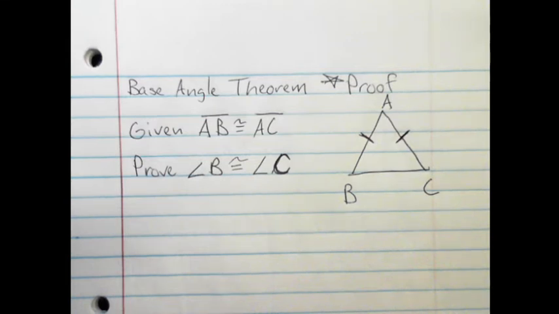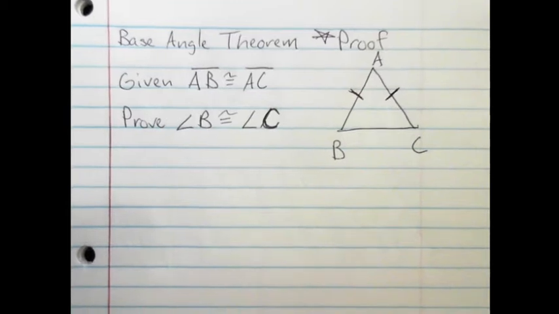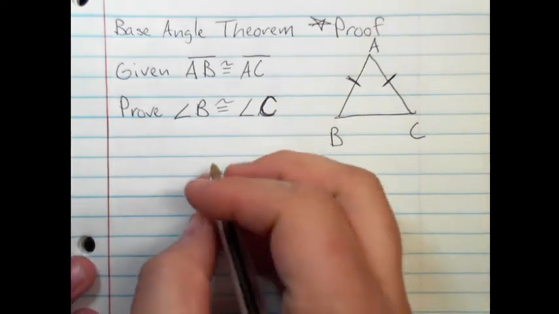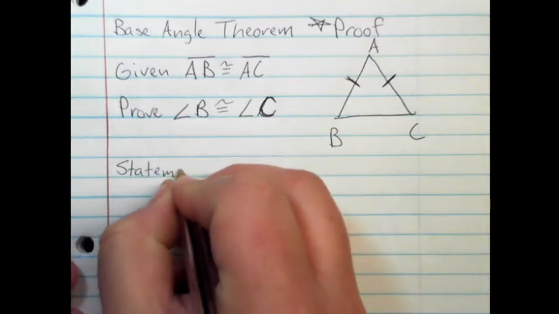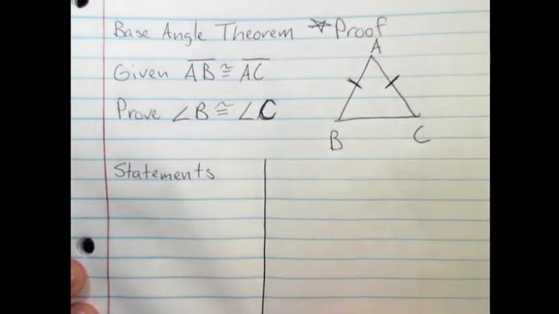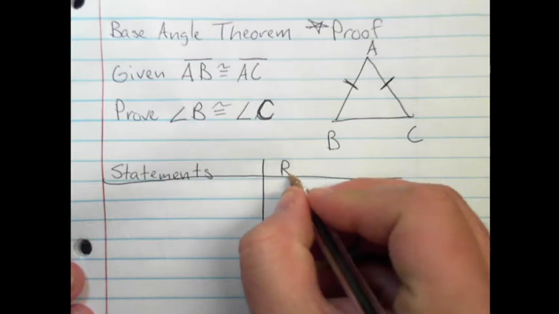Okay, now to do this, we're going to have to do a few things. The nice thing about a geometry proof is we know what the answer is supposed to be at the end. The hard part is we have to prove or justify why the answer is what it is. So I'm going to make my T-chart: statements on the left-hand column, and then my reasons on the right.